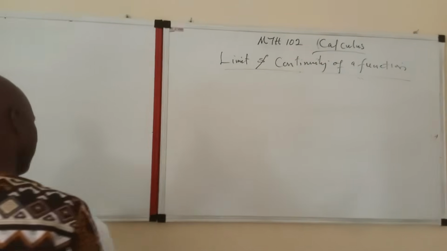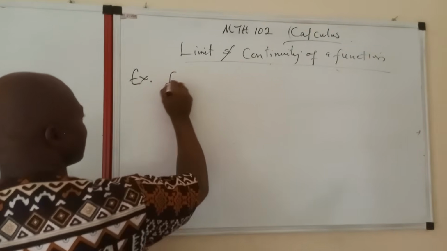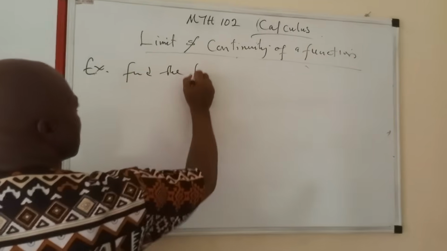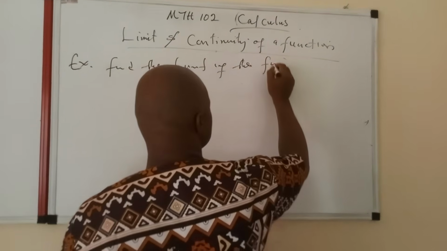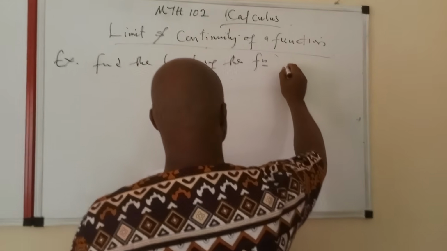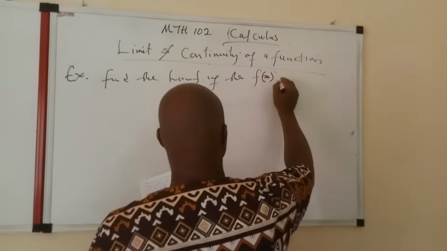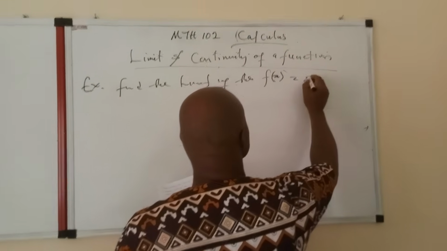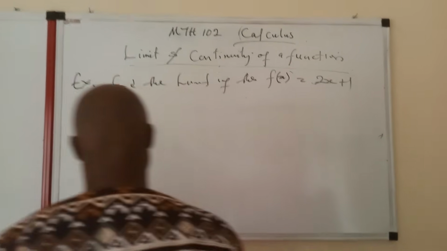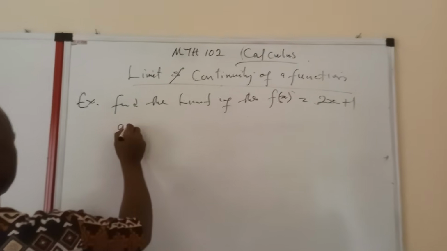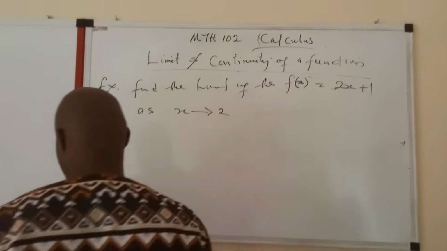Find the limit of the function f of x equal to 2x plus 1 as x tends to 2.